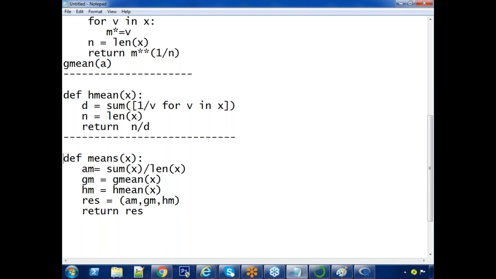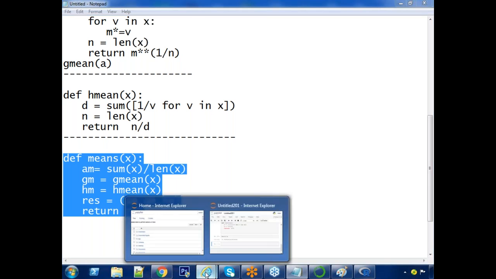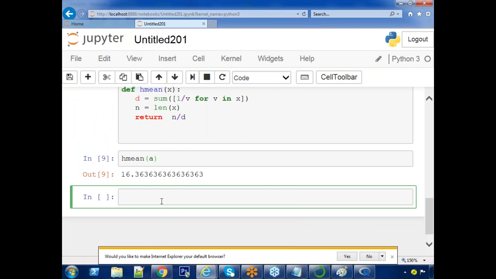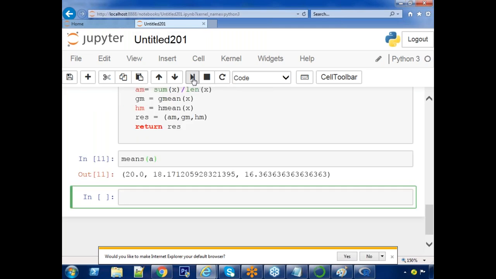Now just check this one. Means of A. The three things you should get. Understand the points? 20 point something, 18 point something, 16 point something. Got it?